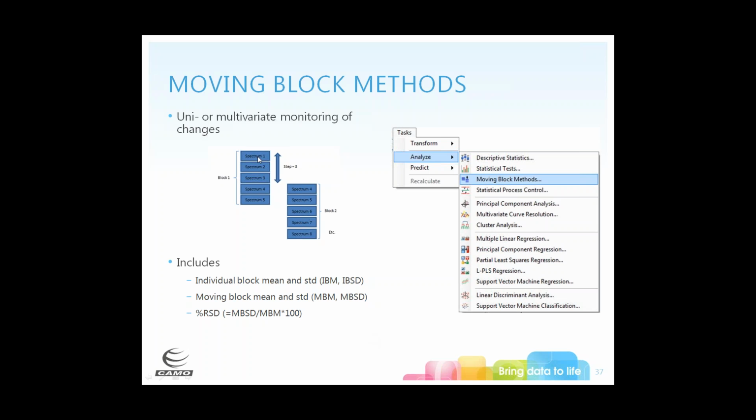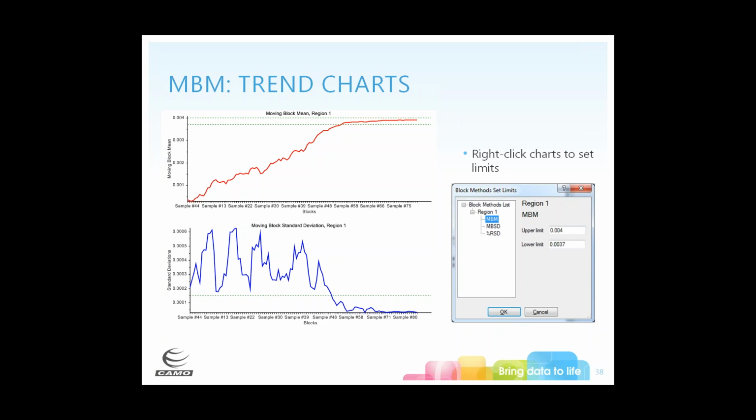If these are spectra, for instance, you can define windows of a certain number of spectra. You can take the mean and standard deviation, and then you move to the next step. You get a new block, and then you take the mean and standard deviation. And these means and standard deviations are trended or plotted in a trend chart. And then you can see when these reach a steady state, which is shown in this slide.